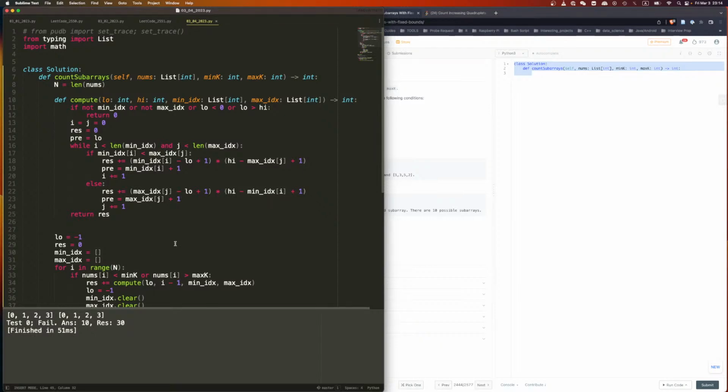Shoot. If they are the same, hold on, let me think. If they are the same, right, then towards the end has to reduce 1.